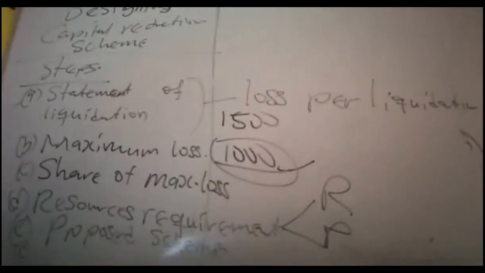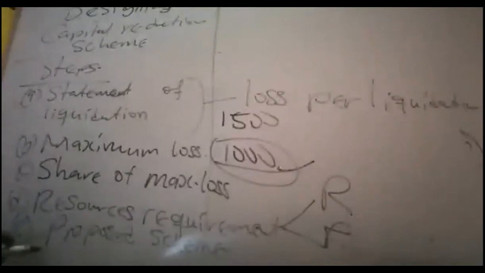That's all. So those are the 6 standard steps that you need to go through before you can design a scheme for capital reduction or capital reconstruction. Then you are done.